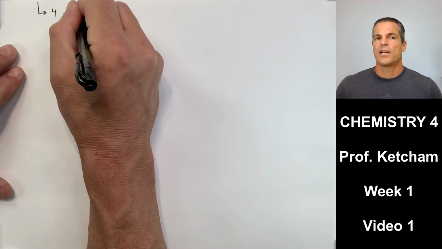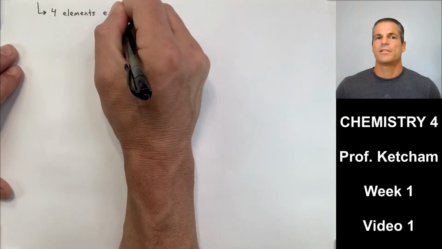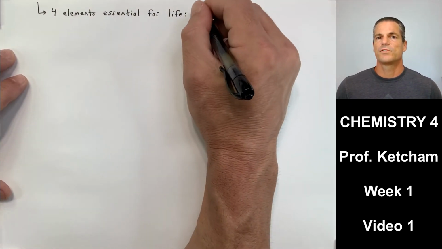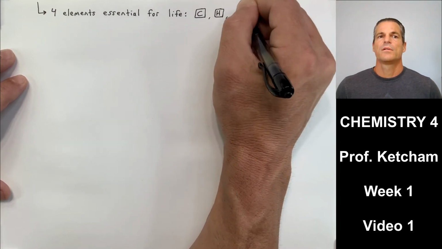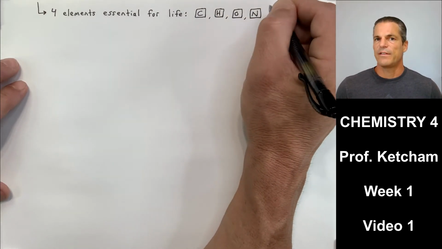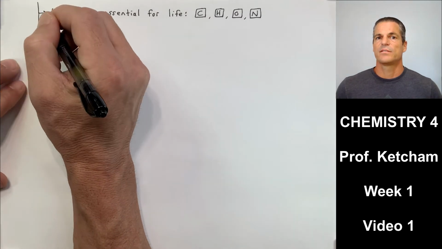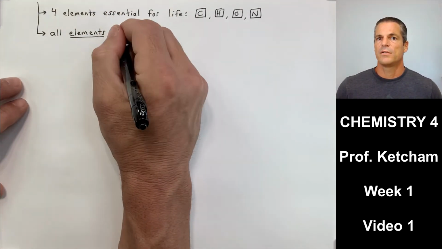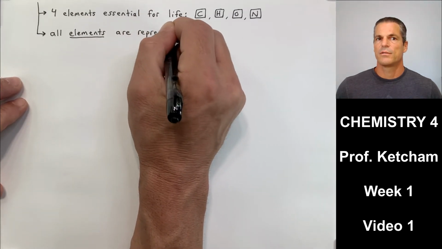Now, the top of this page of notes starts out by saying there are 4 elements of those 120 or so elements on the periodic table that are essential for life, and you've no doubt heard of these: CHON, carbon, hydrogen, oxygen, and nitrogen.